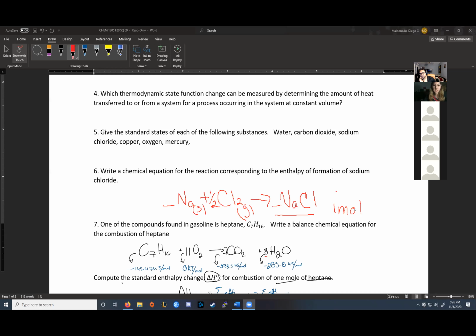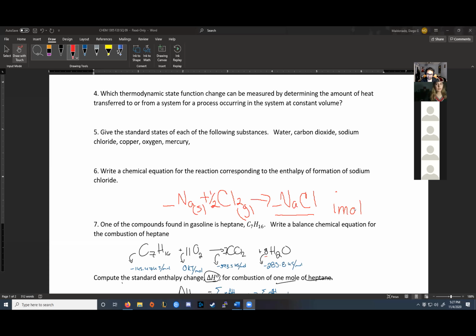Any questions? It's not related to this, but how did you get the 2 for the chlorine? Okay, so think about going back a lot of modules. We learned our 7 diatomic particles, right? Chlorine is one of them, and I think oxygen is another one, right?